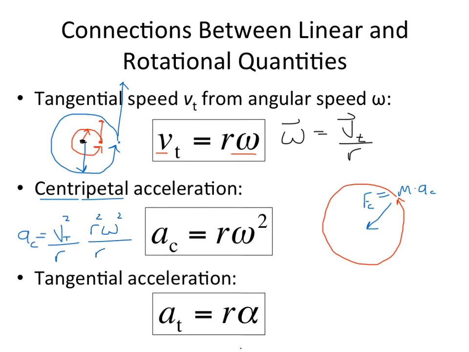And so the r and the r squared cancel out partially, and we simply have centripetal acceleration is r times our rotational velocity squared.